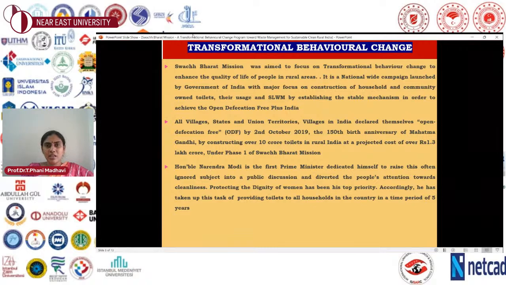So first, the main important objective in the Swachh Bharat Mission is to completely abolish open defecation.